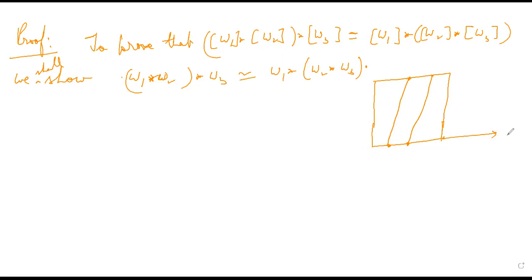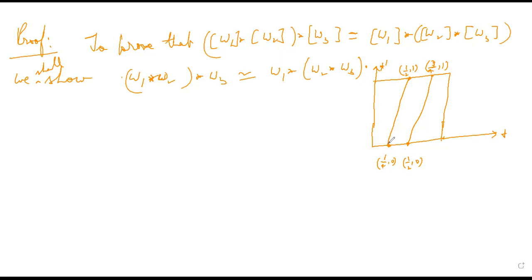You can consider this as the t axis and this as the t prime axis, right? This is 1 upon 4, 0, this is a half, 0, and this is a half, 1, this is 3 upon 4, 1.